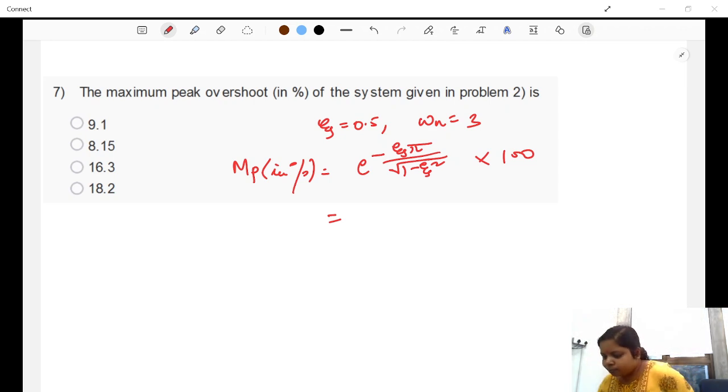So you can see maximum peak overshoot just depends on damping. It has no relation with natural frequency of the system. So this is important. That is why we could give a direct relation between zeta and maximum peak overshoot. That what would happen if the damping is increased, what would happen if damping is decreased. Okay. Let me know the answer to this.